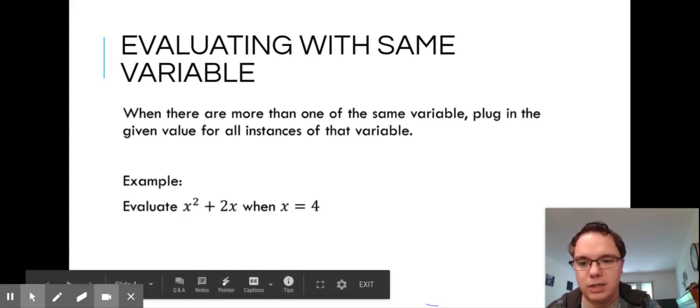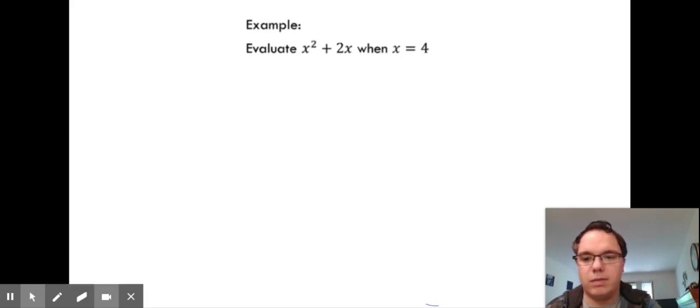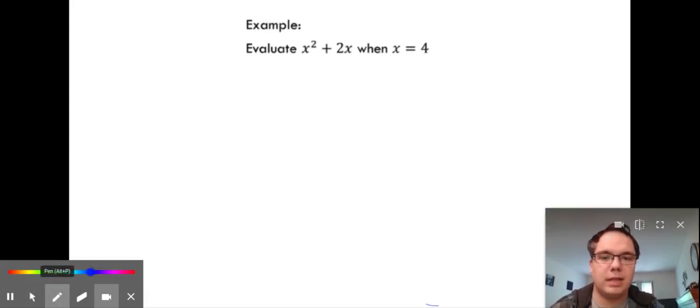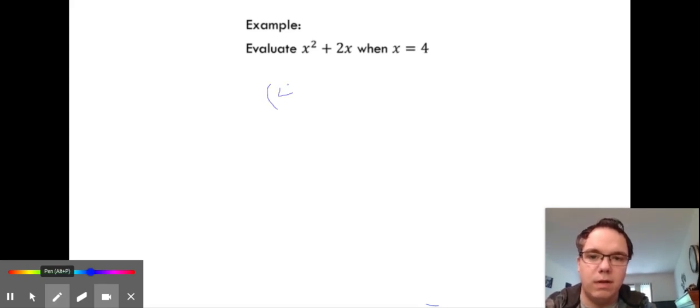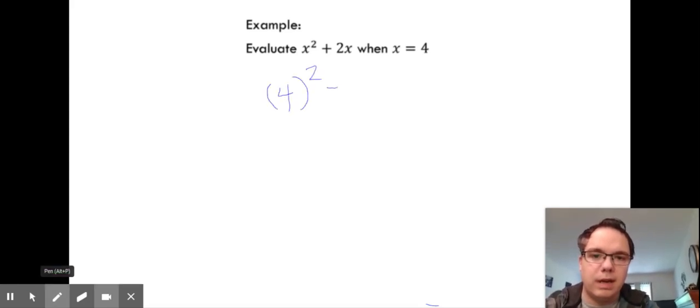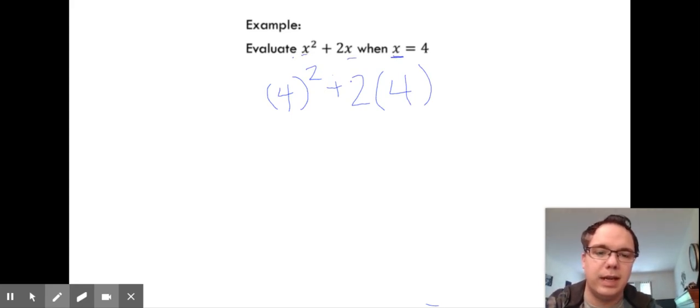When we have x squared plus 2x when x equals 4, I'm going to change my x squared to 4 squared, and I'm going to change my 2x to 2 times 4. So no matter how many x's I see, I have to change them all to 4.